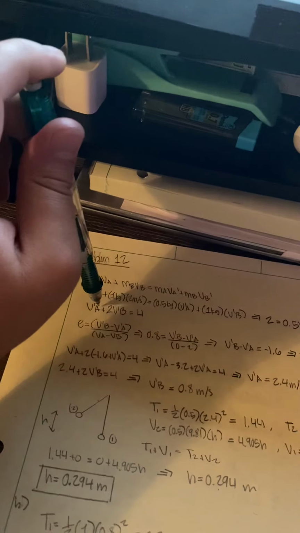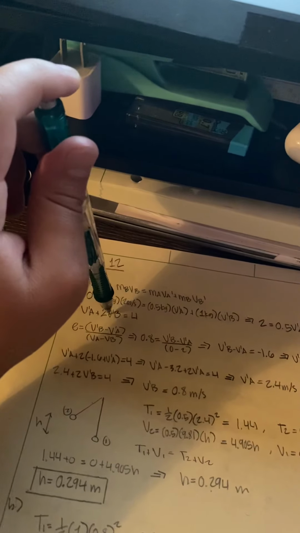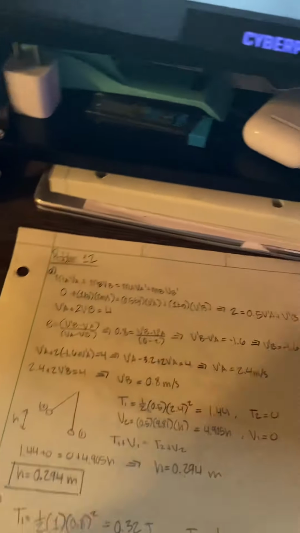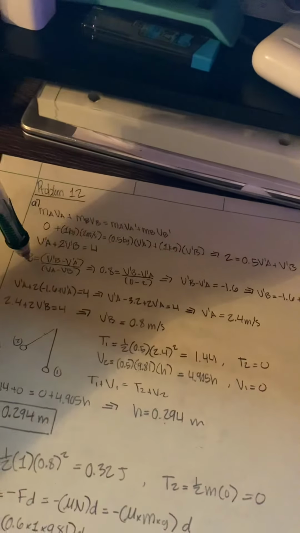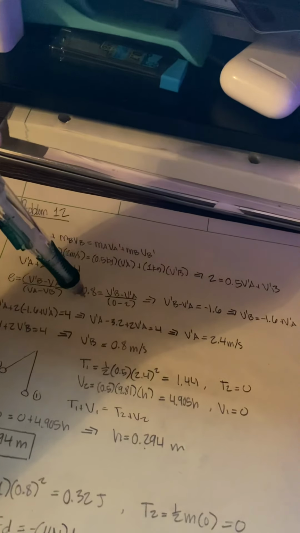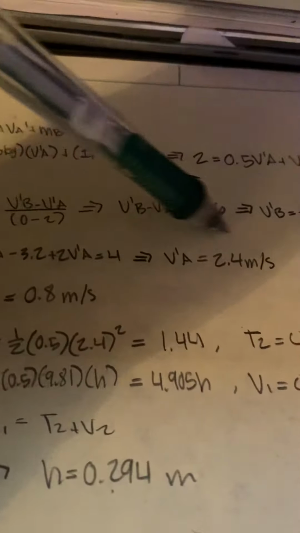So V1A plus 2 times V1B equals 4. And again, we get the relative velocities. We're already given the E in the problem statement, so this could help us solve for this right here.